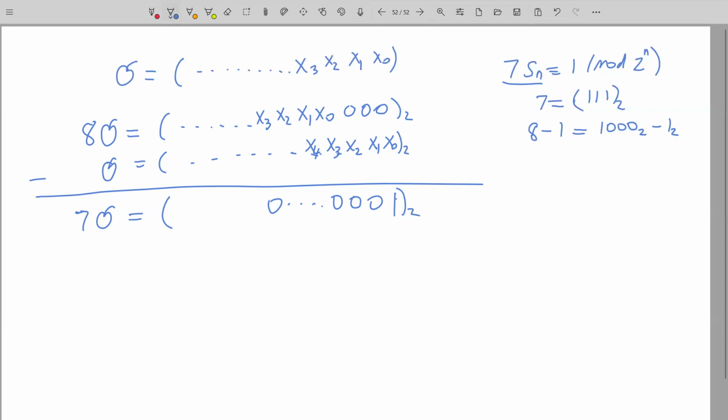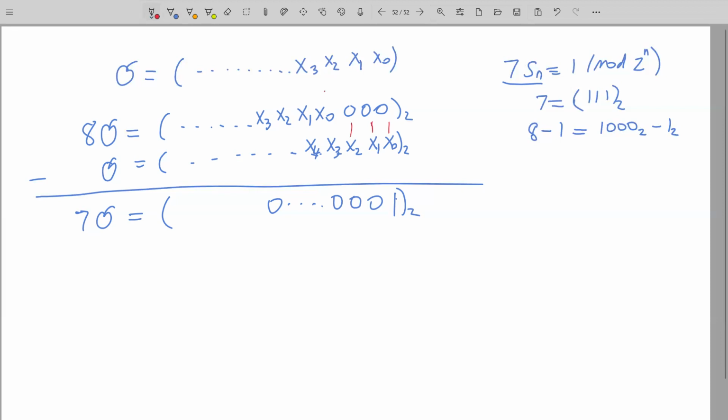So we should have this difference in binary subtraction. So 0 minus x0 should be 1 in the last digit. From here, we get that x0 should be 1, x1 should be 1, x2 should be 1.